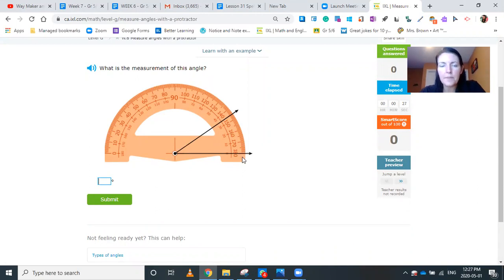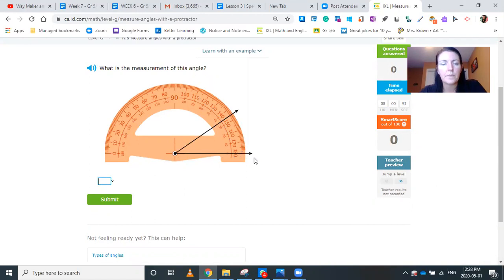Just looking at the protractor itself without the angle right now, you can see that there are numbers, looking at the outside, from 0, 10, 20, all the way up to 90, and it carries on 100 all the way up to 180, and that would form a straight line. If it started at 0 and went right across to 180, that would be a perfect straight line.